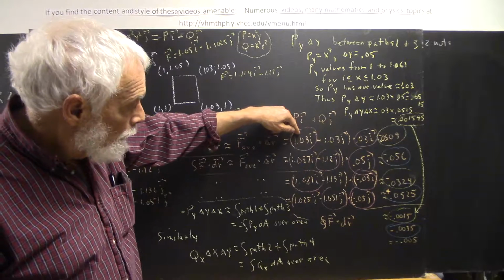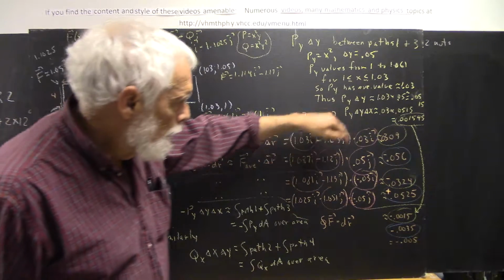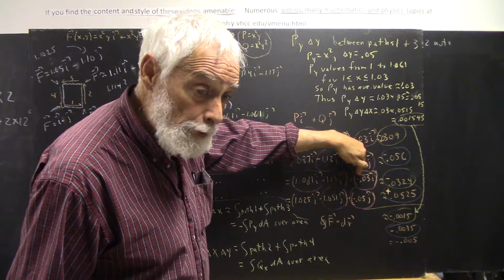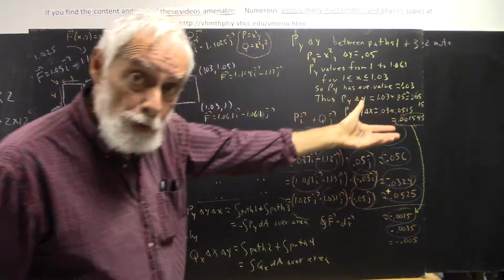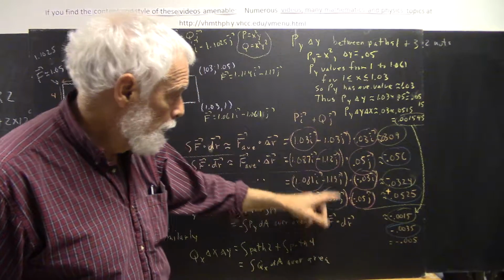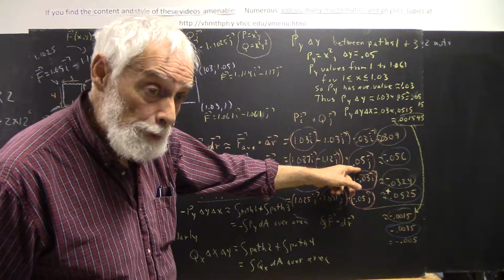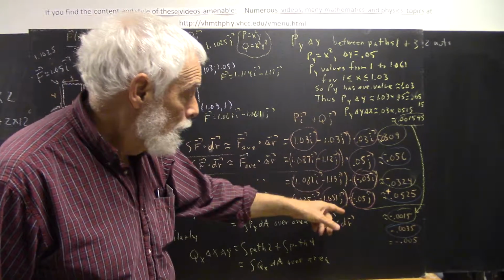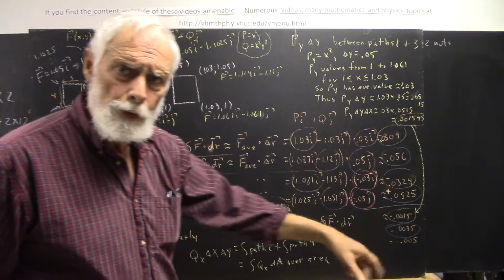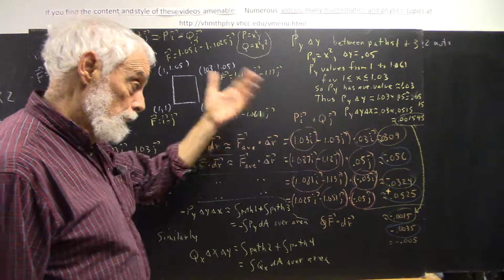Because if this component didn't change between here and here, then taking the dot product with 0.03i here and negative 0.03i here would give us no change. And the same with the j components here. If this didn't change, then since this is opposite, these two would be equal and opposite, and they would add up to 0, and we'd have 0 change over the whole closed path.